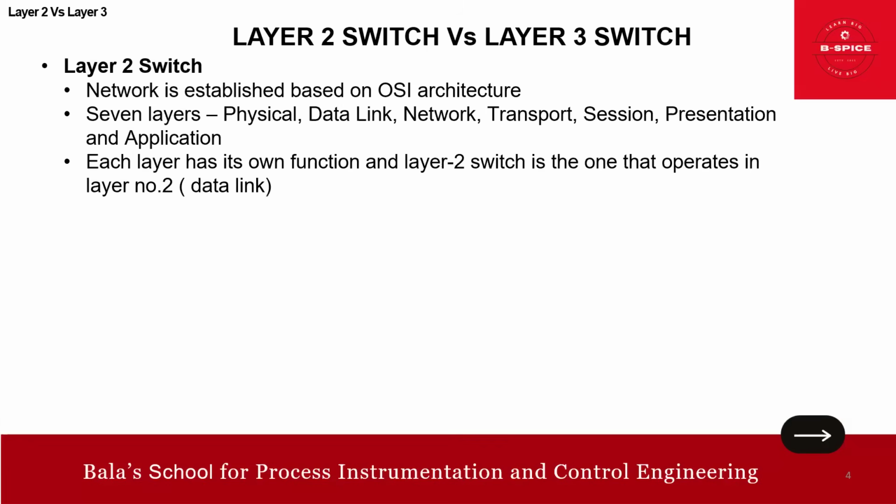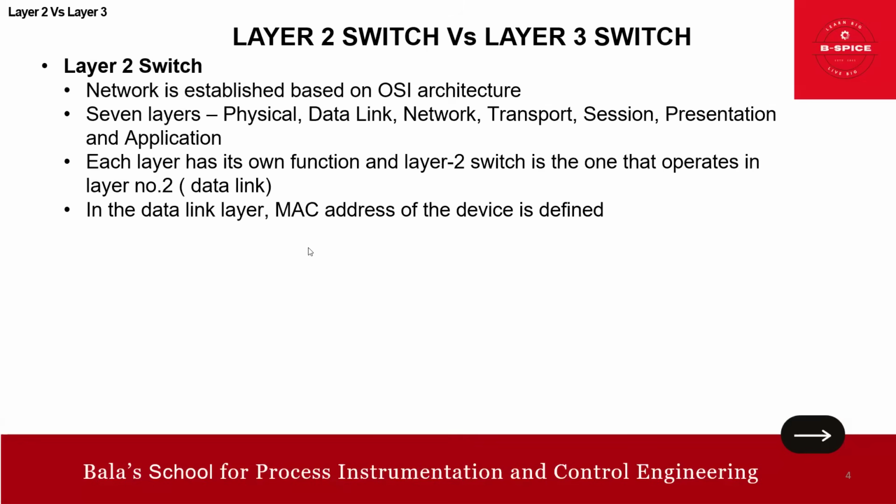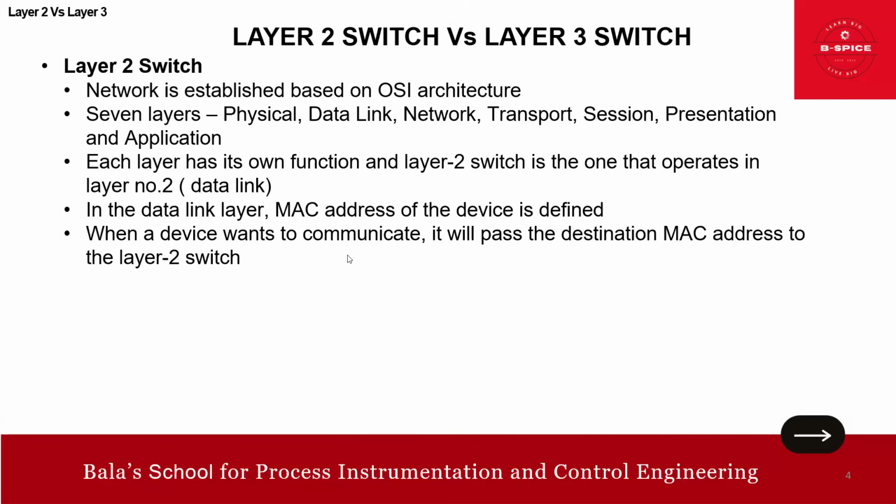Each layer has its own function, and the Layer 2 switch is one that operates in layer number 2, the data link layer. In the data link layer, the MAC address of the device is defined. Just remember, friends, MAC address. When a device wants to communicate, it will pass the destination MAC address to the Layer 2 switch. As simple as that.